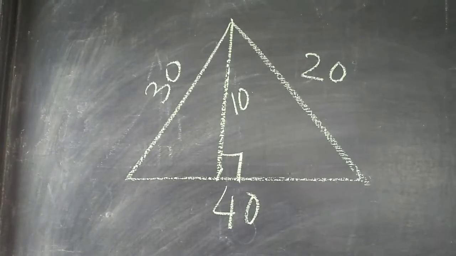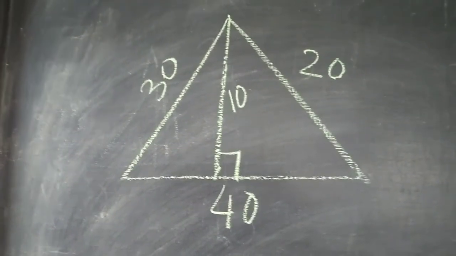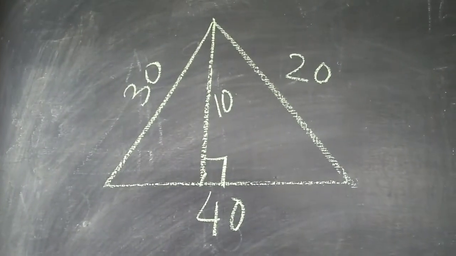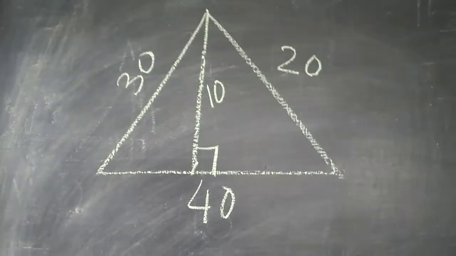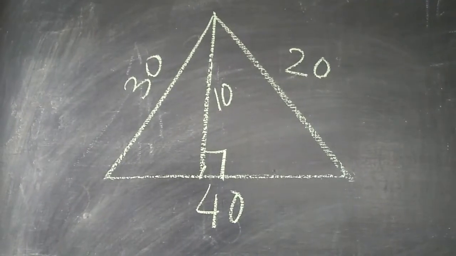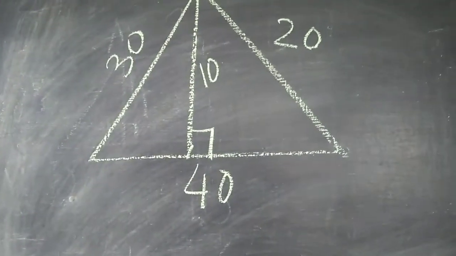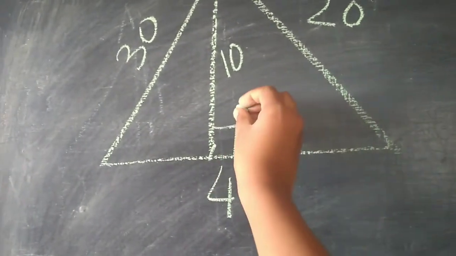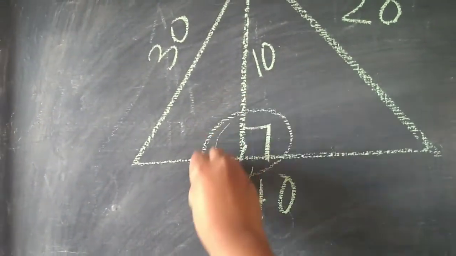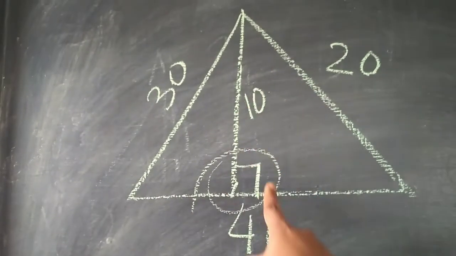In case such a triangle is given, which formula can you use here? Either you use Heron's formula or half into base into height. Now when can you use half into base into height? Just see one thing: if it is perpendicular, that means it is the height of that particular triangle.